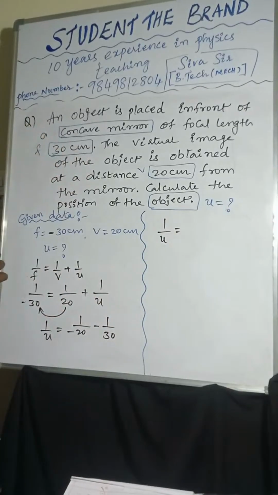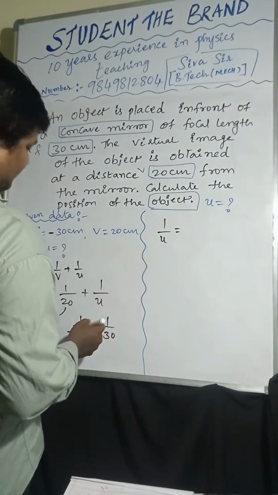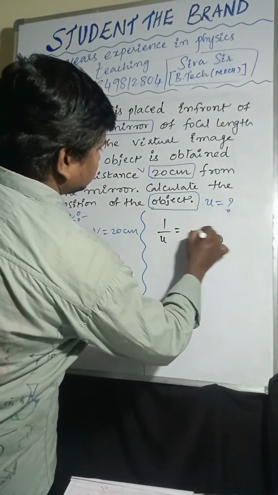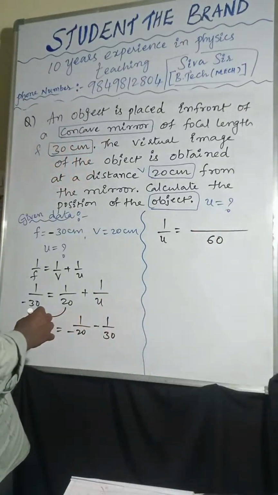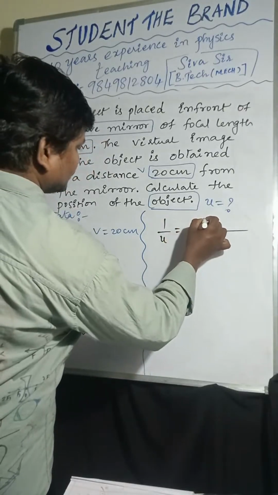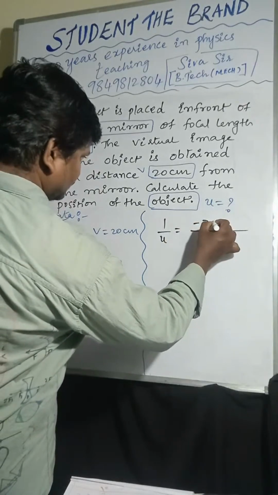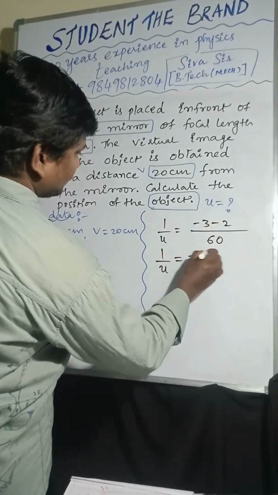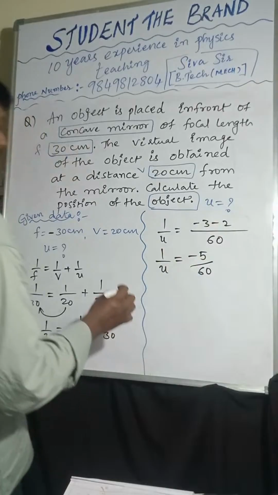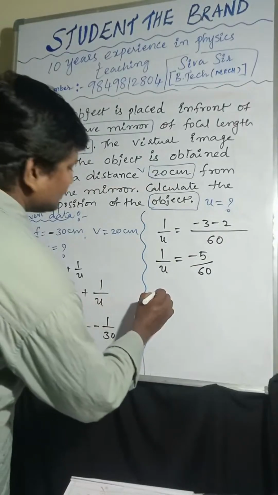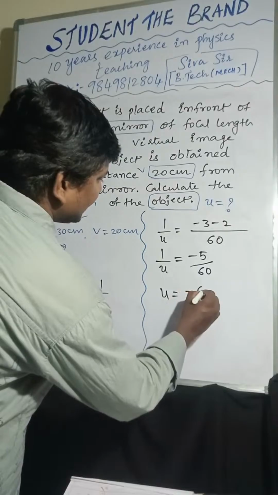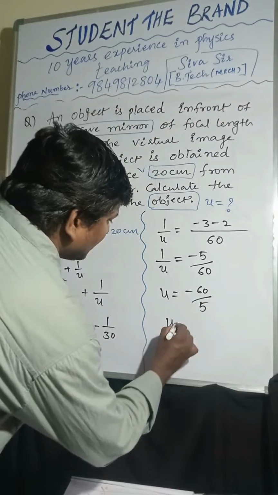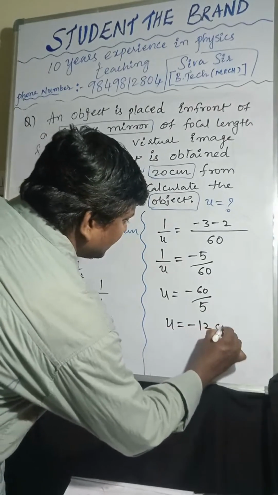How much is the LCM? 60, right? So we get 60 by 5, which is 12. So u equal to minus 12 centimeter.